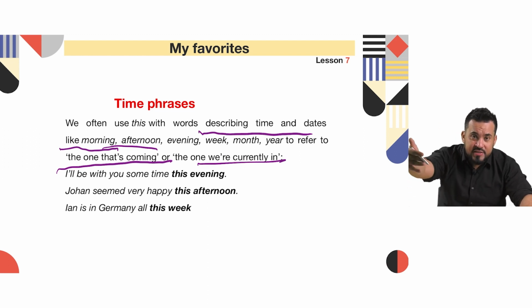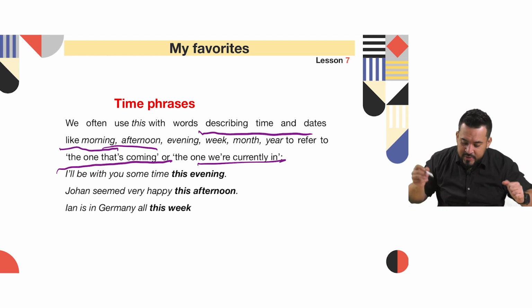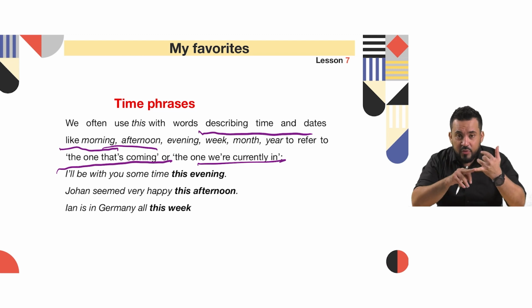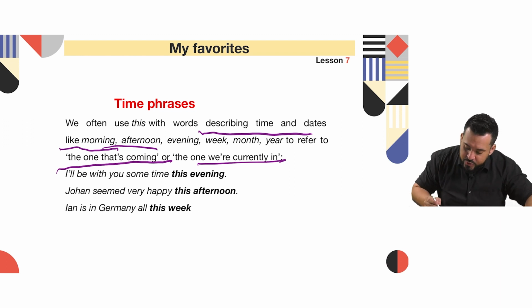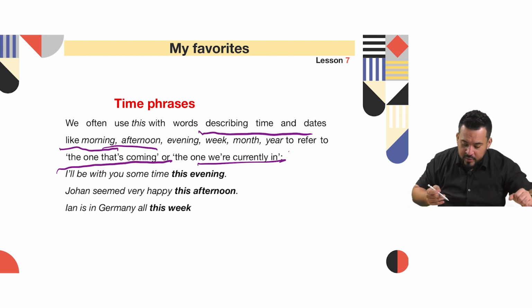Even if it hasn't come yet, the one that's coming in the future, or the one that we are currently in, we always use this. So this is for time phrases, used with morning, afternoon, evening, week, month, year, or to refer to a time that is coming in the future, or a time that we are currently in.